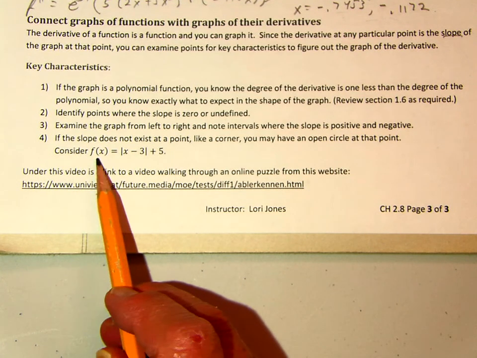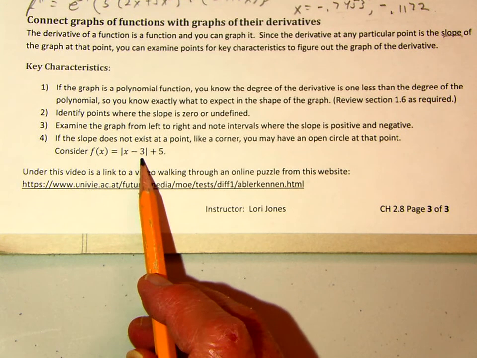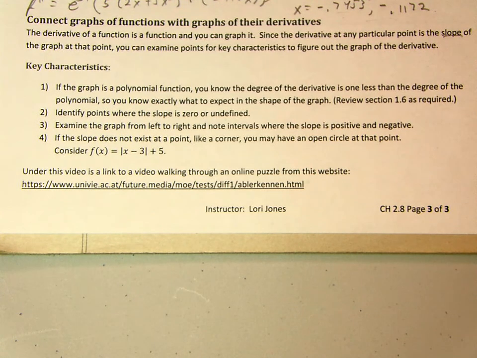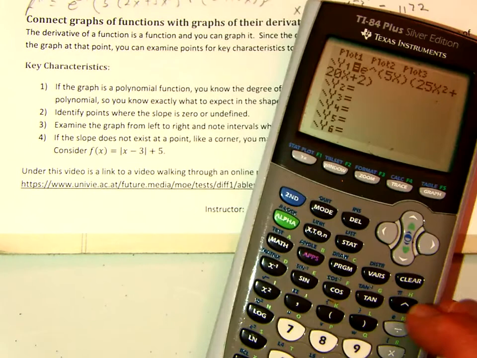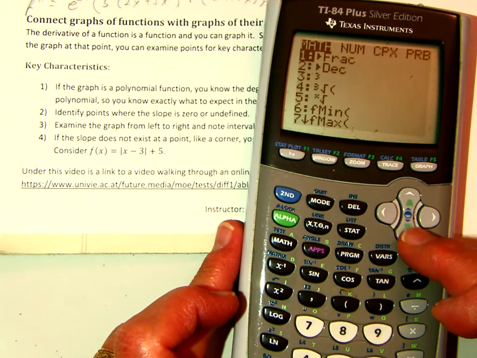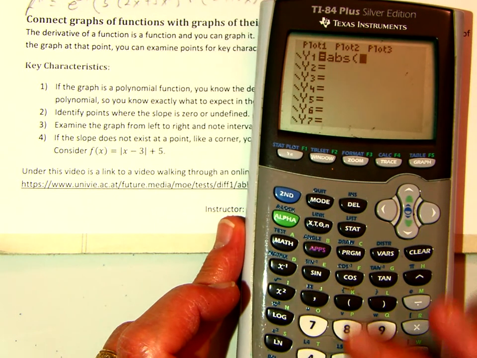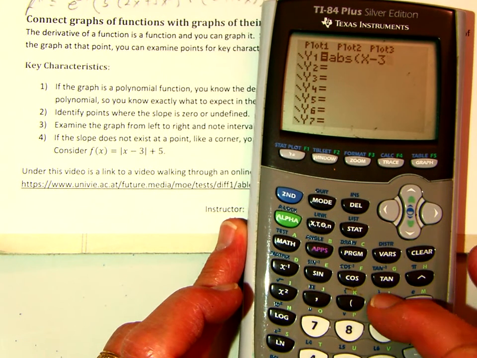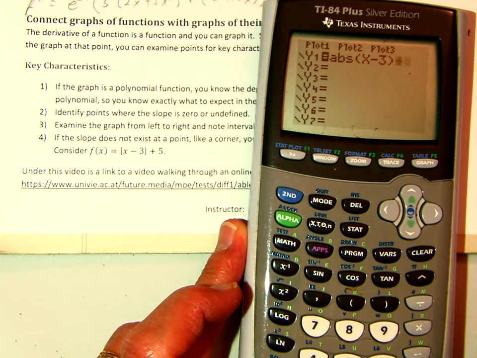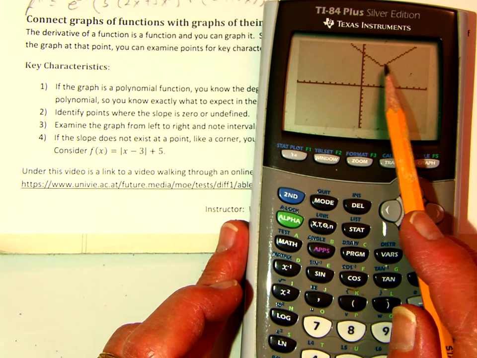So, for example, the function absolute value of x minus 3, plus 5, let's just see what that looks like. Absolute value of x minus 3 plus 5 graph. There we go.